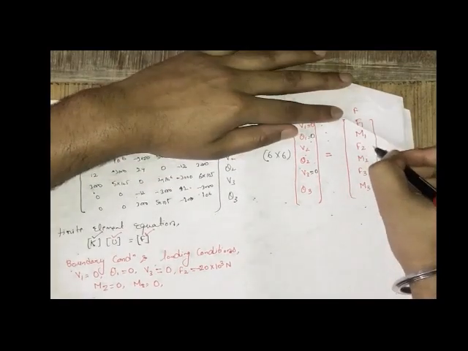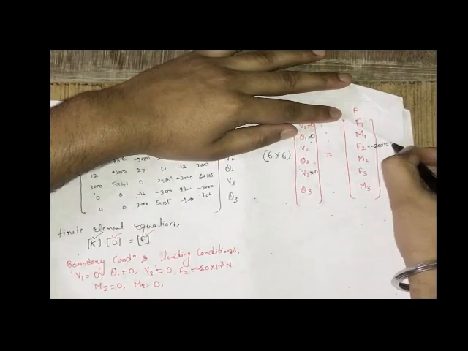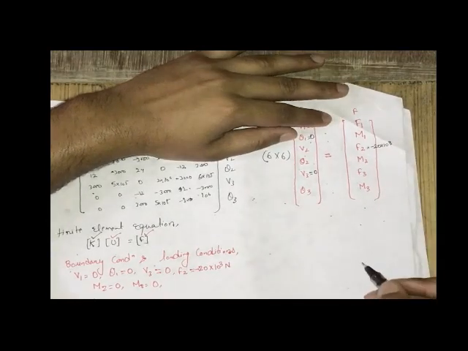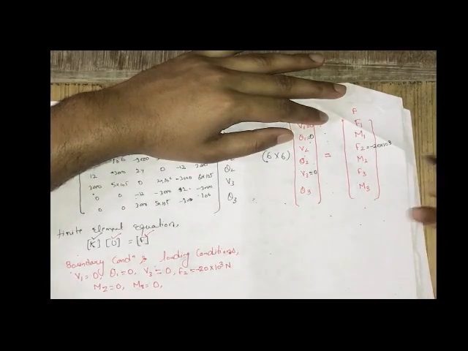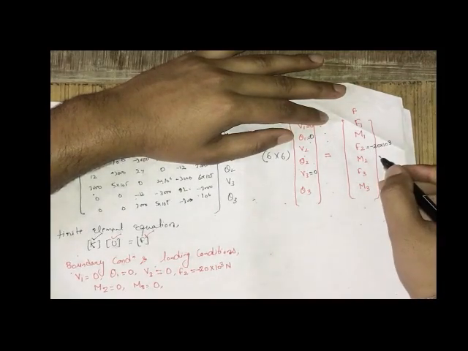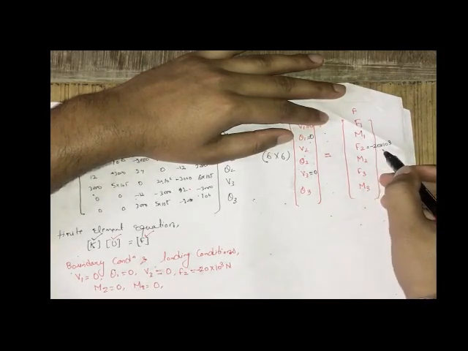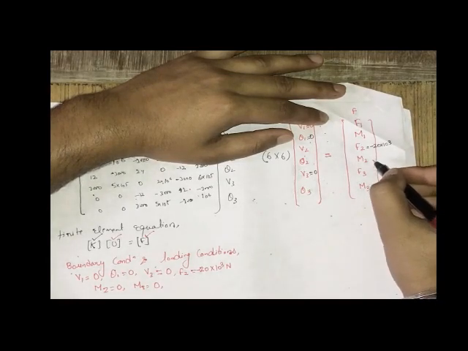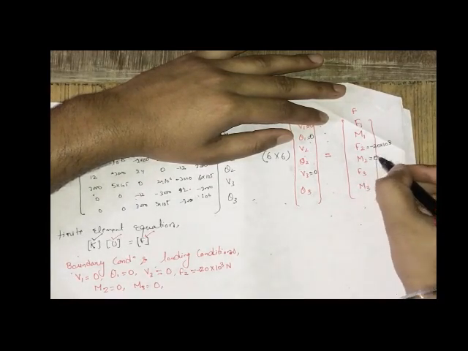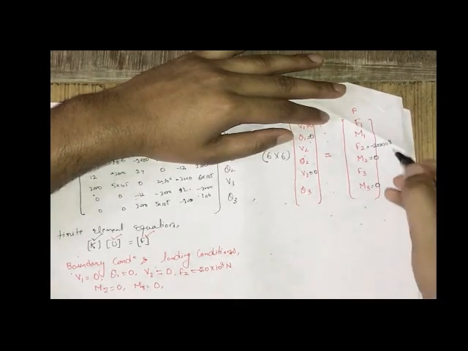So here f2 value is minus 20 into 10 power 3, and this is negative. So you can write here 20,000 directly, or write minus 20 into 10 raised to power 3, and the values m2 and m3 will become 0.